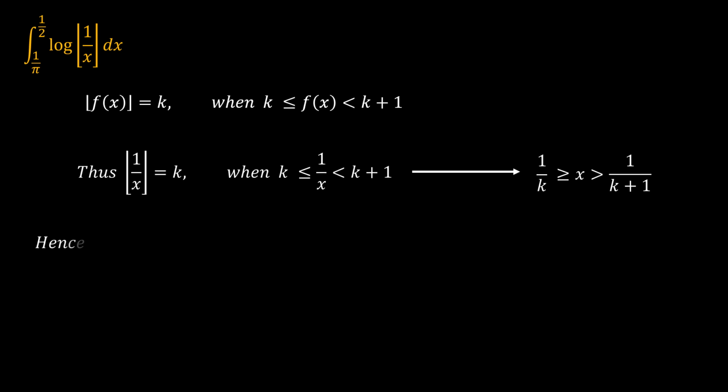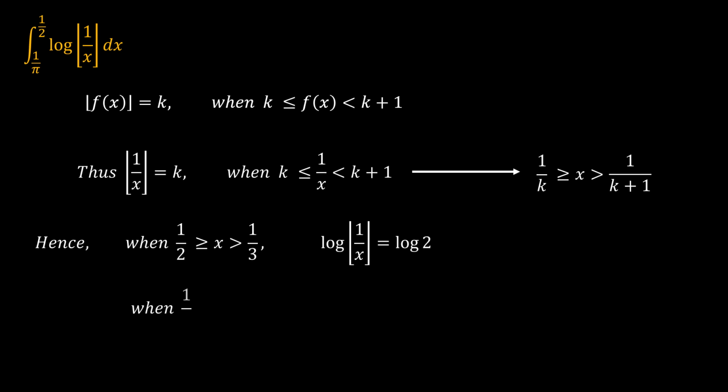So coming down, it means that when x is between a half and a third, the log of the floor function of 1 over x is equal to log of 2, because the k in that instance is 2.